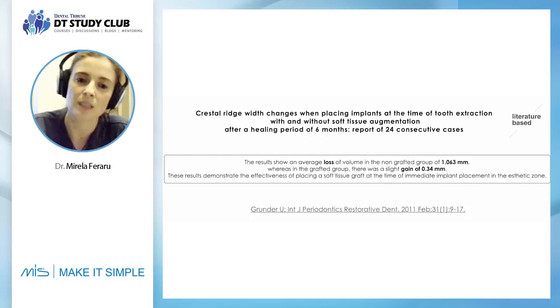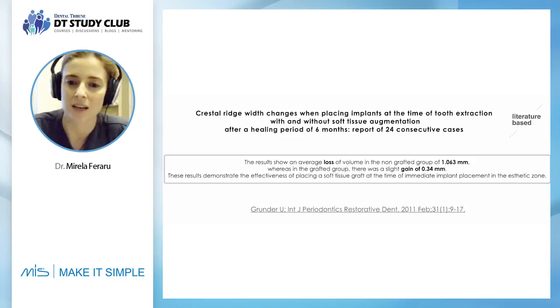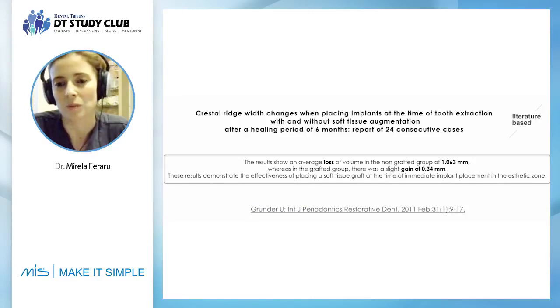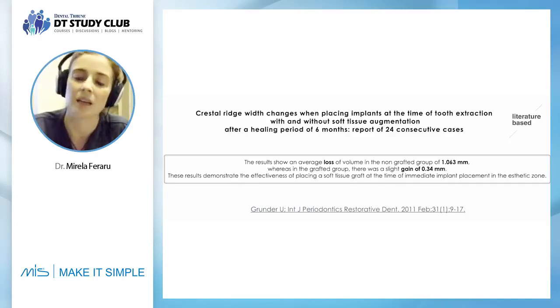But the conclusion was that in the grafted group, there was a slight gain in terms of soft tissue volume. So not only do we not lose where we graft, we also have a slight gain. So we add up these two numbers, it adds up to 1.5 millimeters. And when we talk about numbers in the aesthetic zone, 1.5 millimeters can be pretty crucial from an aesthetic point of view.